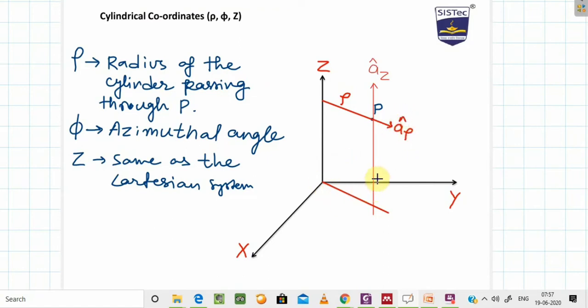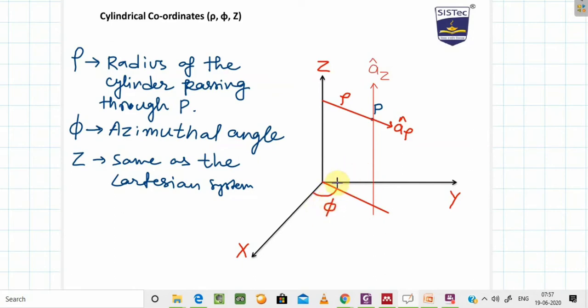And one more azimuthal angle is there, and this angle is the angle between this rho and the x-axis. So this angle can be represented here, and this is phi.